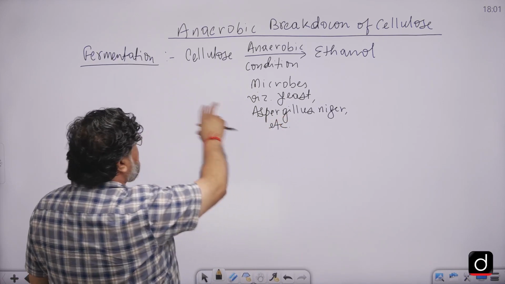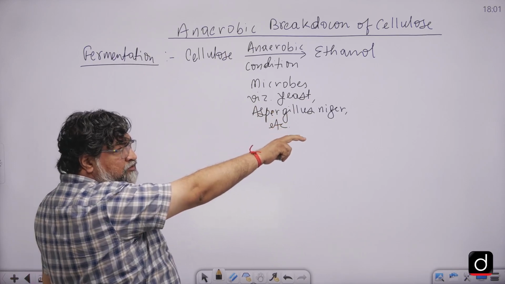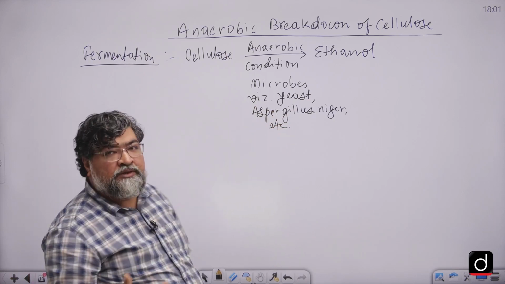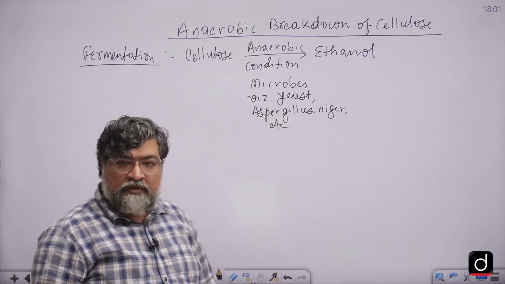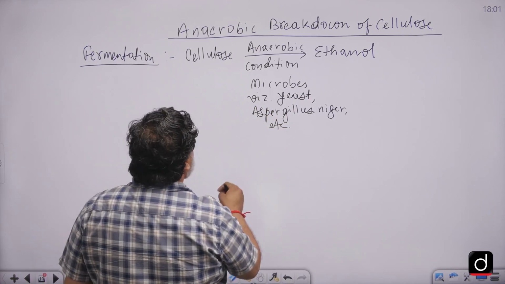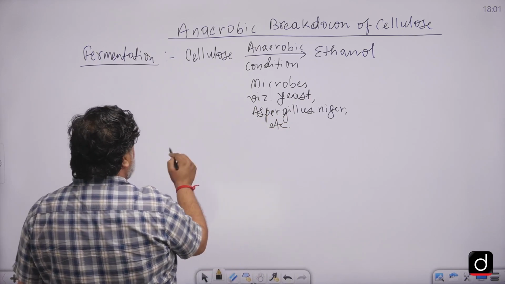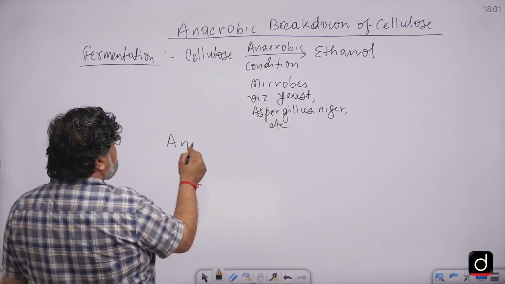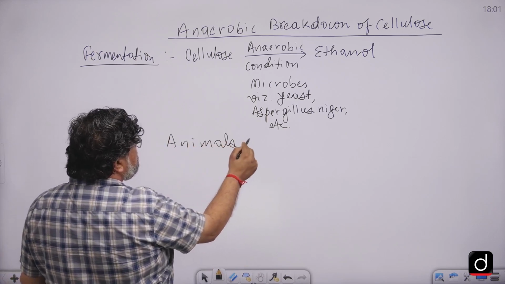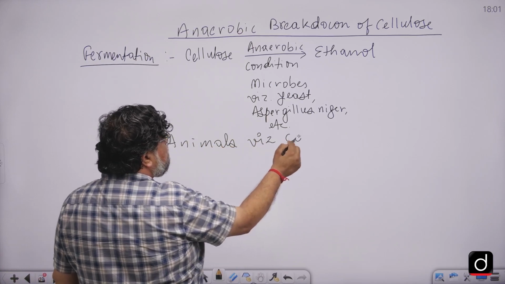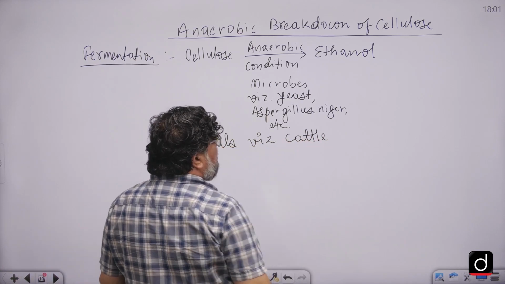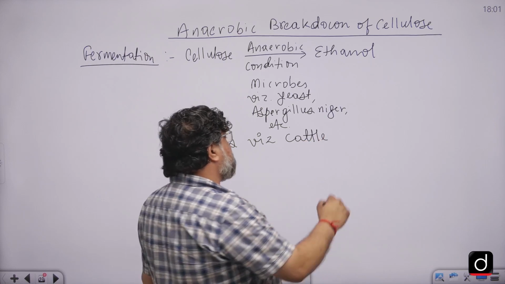This is the fermentation by such microorganisms, and they derive energy by breaking down the cellulose. Then let's say animals such as cattle, cows for example.